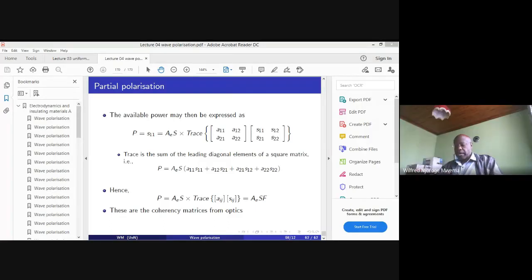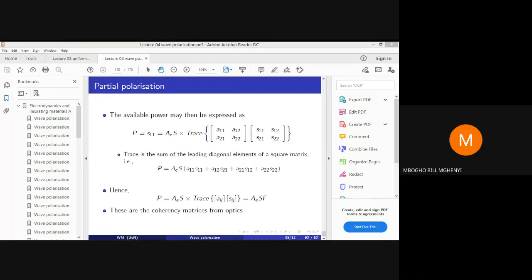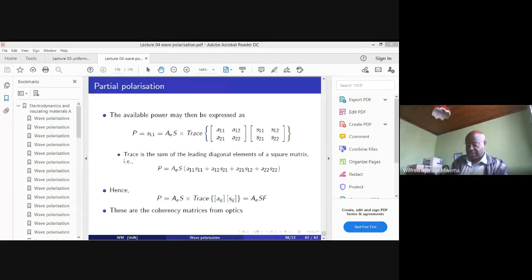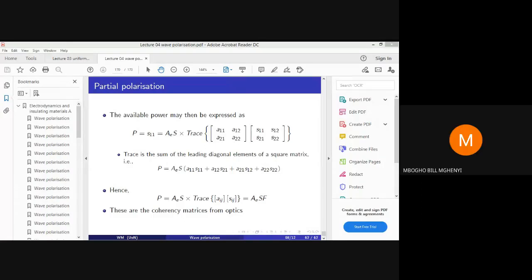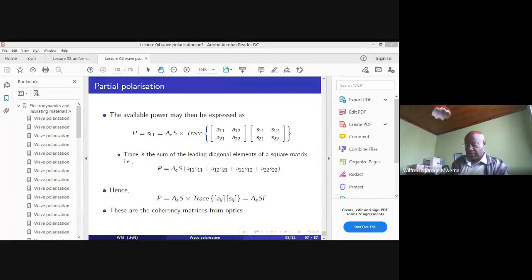Remember, the actual Helmholtz equation was given as, let's say, we are splitting the del operator into a transverse component and an axial component.